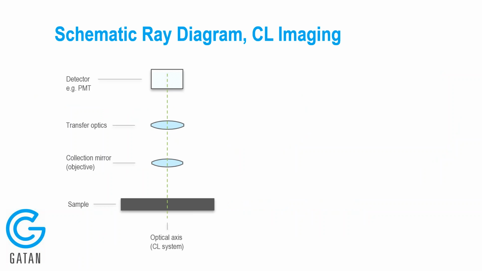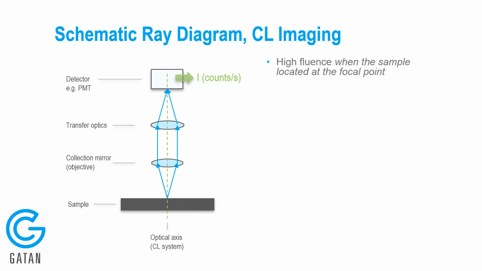At the bottom we have a sample, and then we have the collection mirror, which can be represented by a simple lens. Then often some transfer optics, which take that light and couple it efficiently into a detector. Light that's emitted on the optical axis and at the focal point of the collection mirror reaches our detector with very high efficiency.